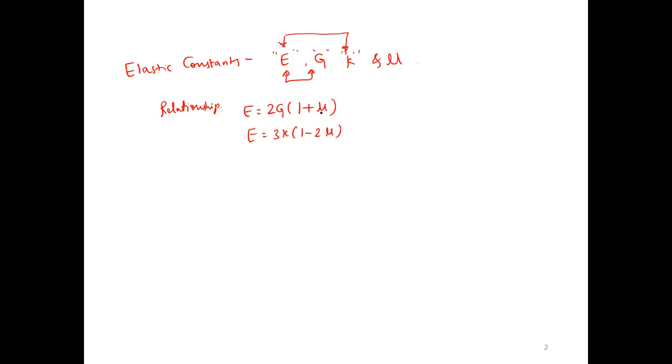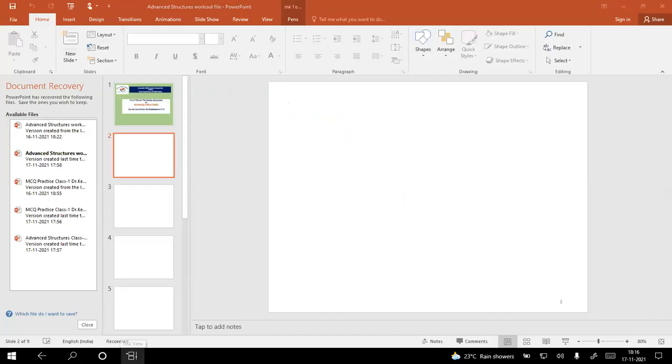If you eliminate the mu value, you get E in terms of K and G, which we will see in the MCQ part. But these are the two equations you must remember to solve numericals as well as MCQ questions. We will discuss a few numericals one by one.